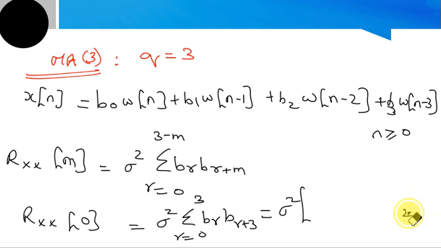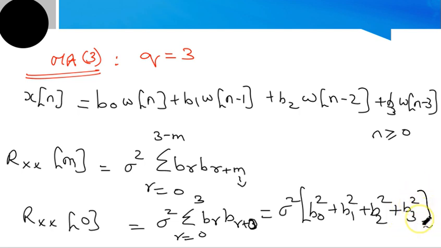What you will be landing up with is, you should have noticed by this time, after having done so many cases, I am taking Rxx of 0. So here my m value coming down should not be 3 but should be 0, and so I will just land with sigma squared br squared, which is nothing but b naught squared plus b1 squared plus b2 squared plus b3 squared. Okay, so this is what we will be having. Next, I need to find Rxx of 1.